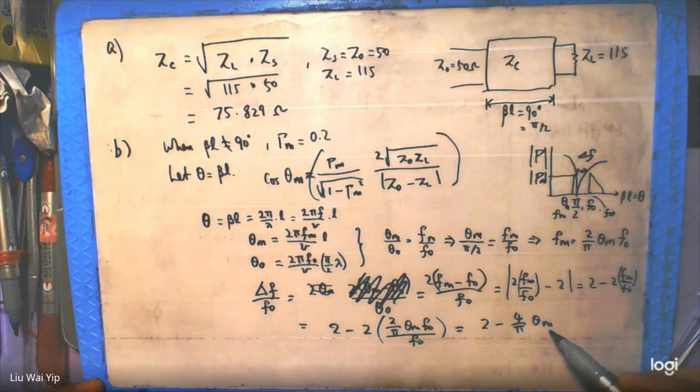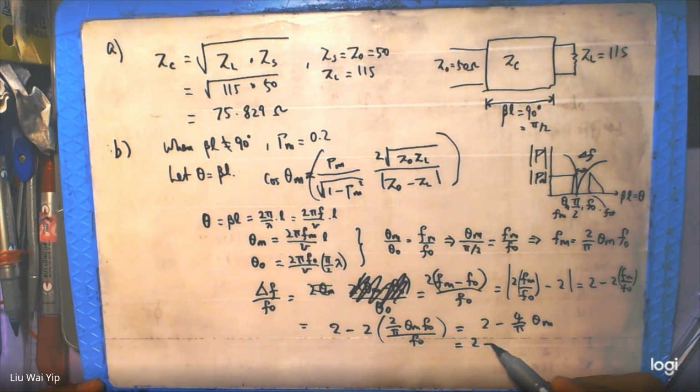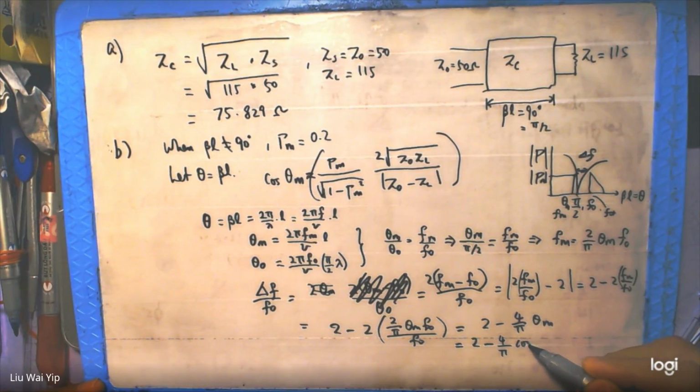The length is given by beta m, and this will become 4 pi, and then arc cosine.